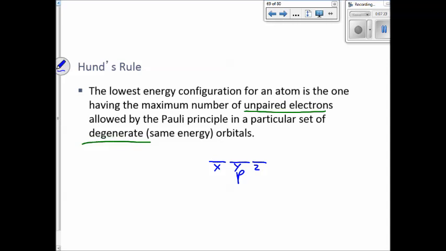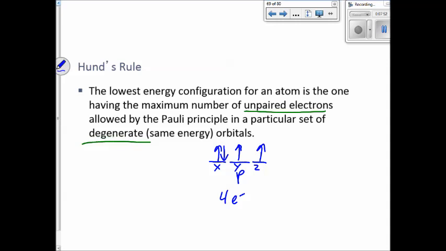This is the empty seat idea, I remember from last year. Or if you were doing the house party, you got your own love seat first before you had to sit with somebody. If you remember that analogy, okay? Keep that in mind. So if I'm filling, say, 4 electrons in my p here, 1 would go in the first one, 1 would go in the second one, 1 would go in the third one, before you have to pair up that last one, okay?